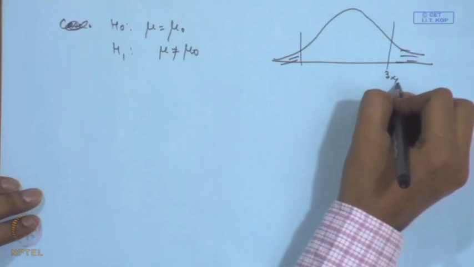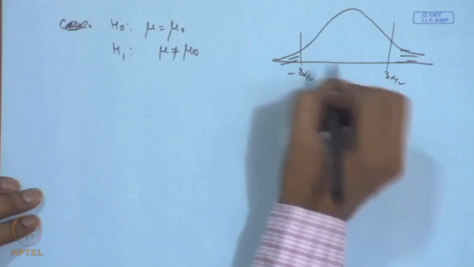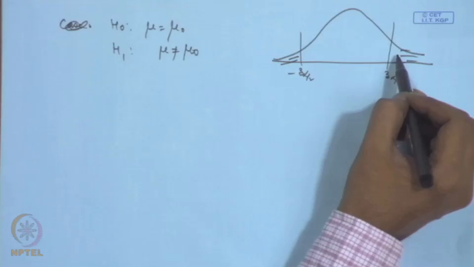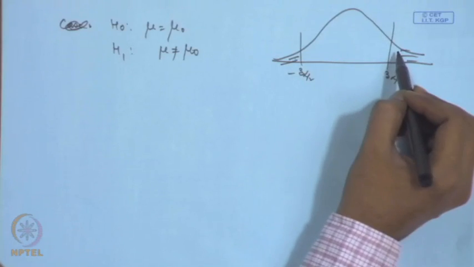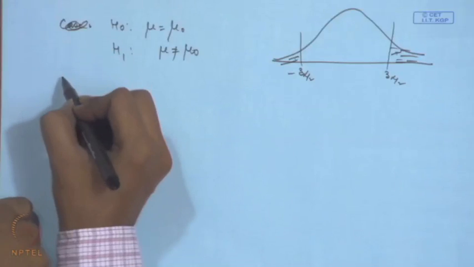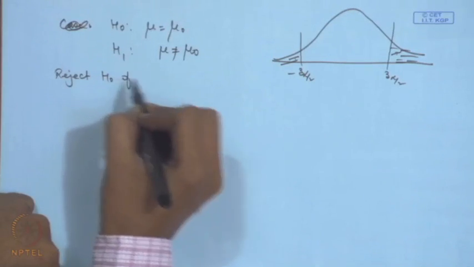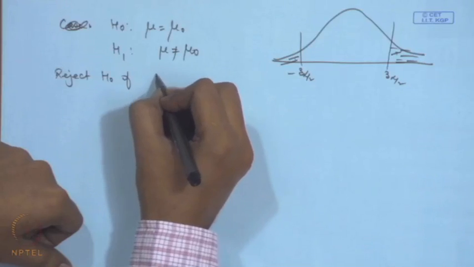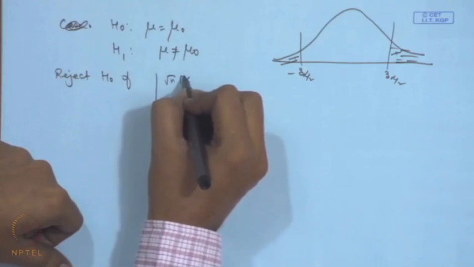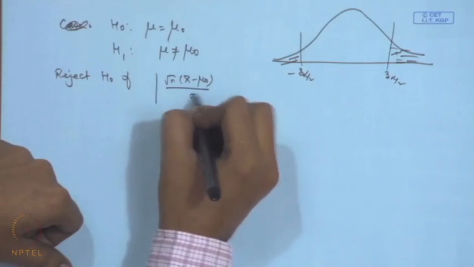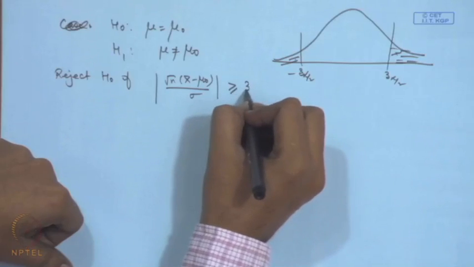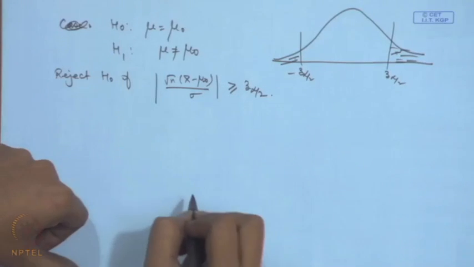So, if we consider the division of alpha into two portions, then this will become alpha by 2 here and alpha by 2 here. So, we will then reject h naught if modulus of root n x bar minus mu naught by sigma is greater than or equal to z alpha by 2.